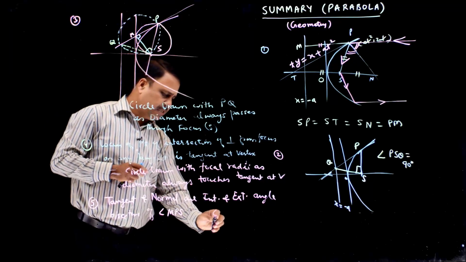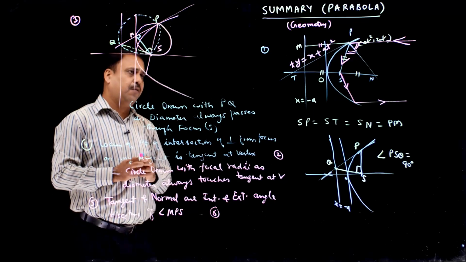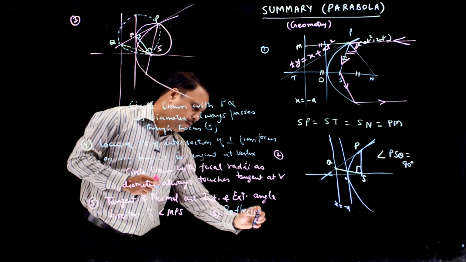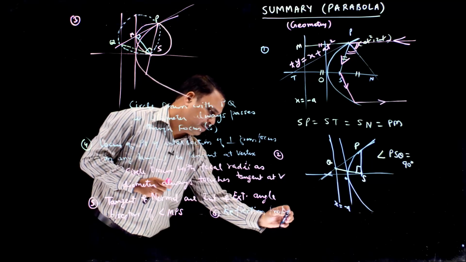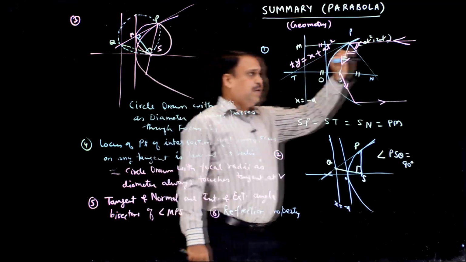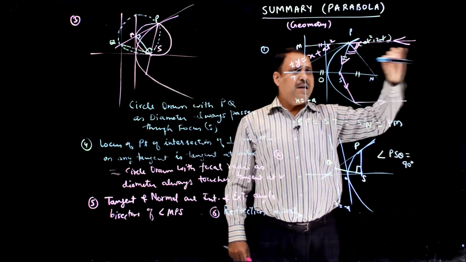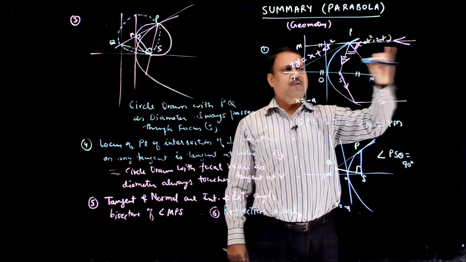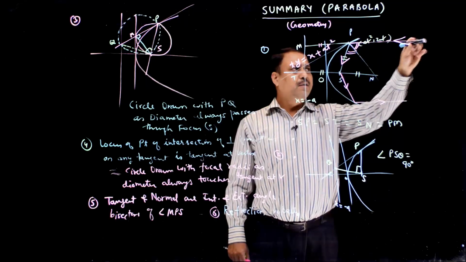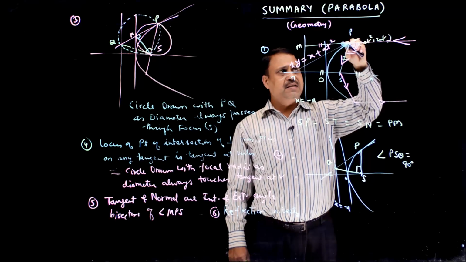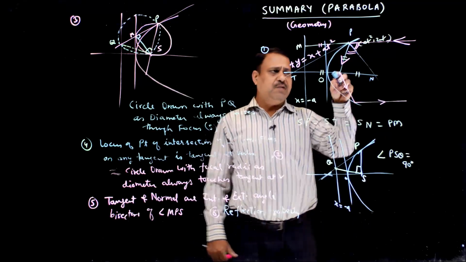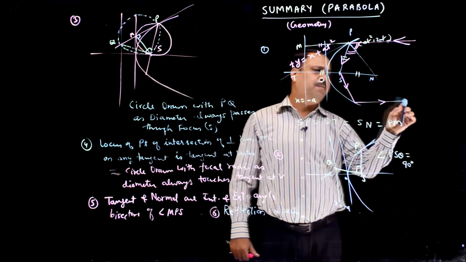So the sixth property you can say is the reflection property of the parabola, which is the most used. Again, see what the reflection property is. If there is any ray parallel to the axis of the parabola, then after reflection it will pass through the focus of the parabola. This ray is coming, it is getting reflected, this is the polished surface, after reflection it will pass through the focus. The reverse of this is, if a light source is kept here, after reflection it will become parallel to this.